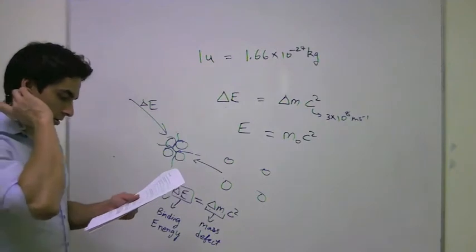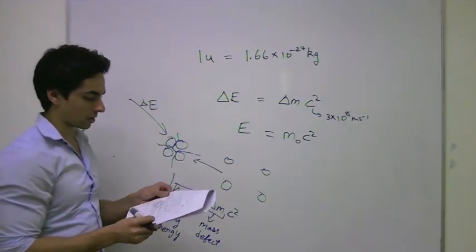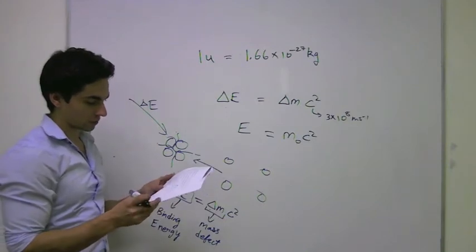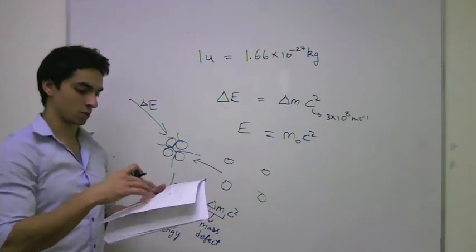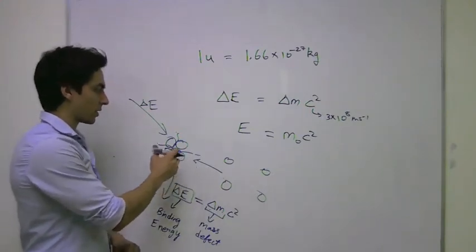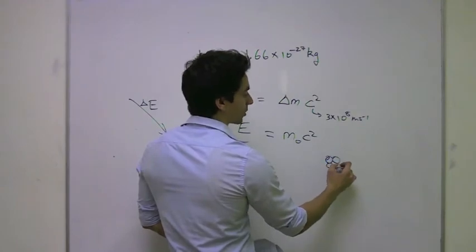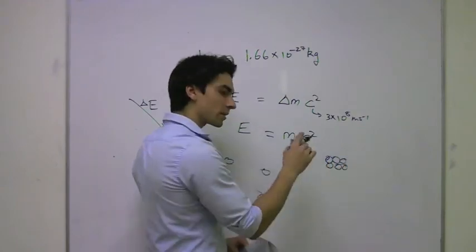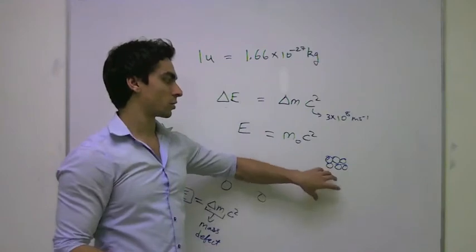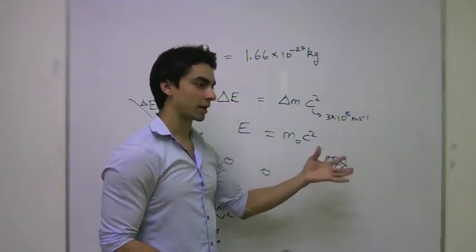So these are basically defined over here in page 15, and how binding energy is related to mass defect. Now, notice that when we talk about the binding energy of a nucleus, it's not some energy that this nucleus possesses. It's an energy that I need to supply in order to break it apart.